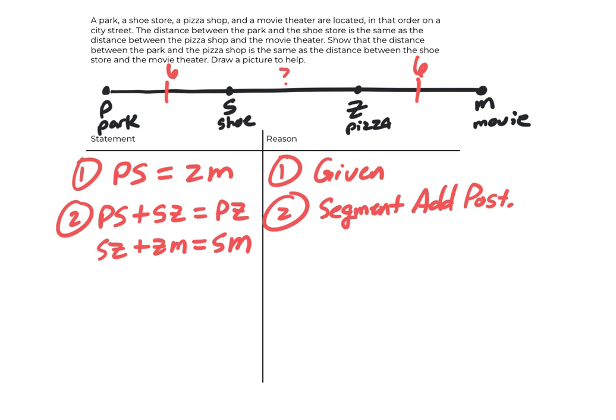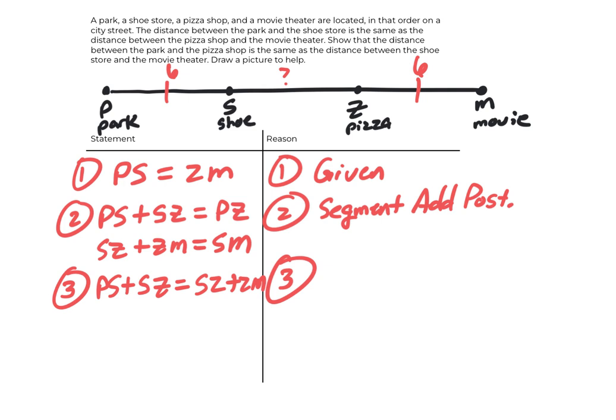They both have SZ in common. So here's what we're going to do: PS plus SZ equals SZ plus ZM, because of the common piece that they have.